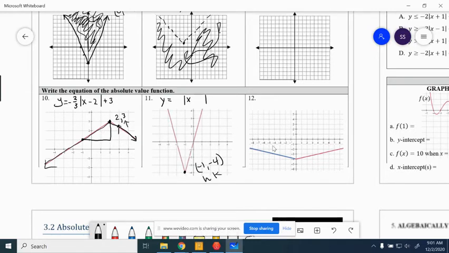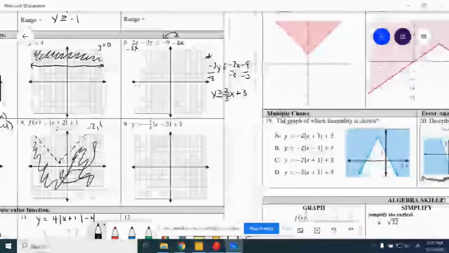HK, H is the opposite, so it's going in as +1, -4 off to the side, and then we look for the slope, which is going to be up 4 over 1. So we can just put this as 4. And it is positive, right? This is an upwards V, so it's positive. Okay? All right, why don't you guys try number 12? Just remember the H value is at 0, so we don't really need to even include it inside there. Okay? You guys can try 12.